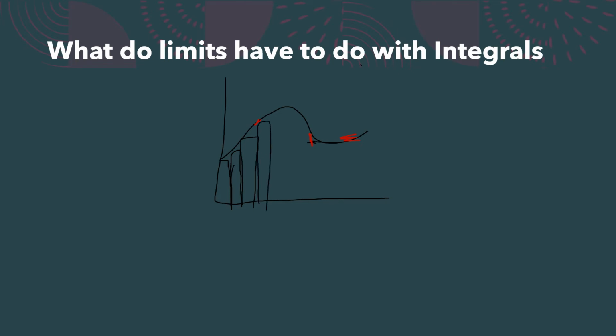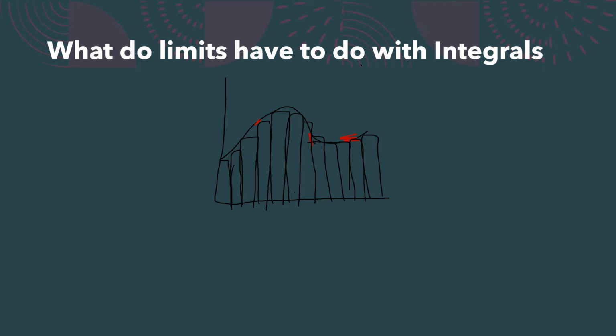Each one of these rectangles is coming very close to what the function is, and so there's going to be less leftover area. And so this time we were really close.